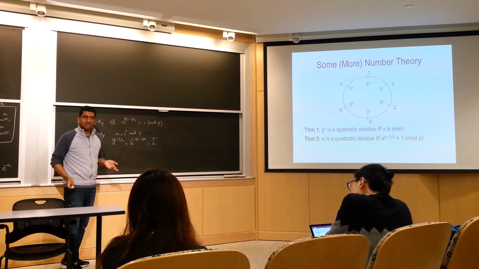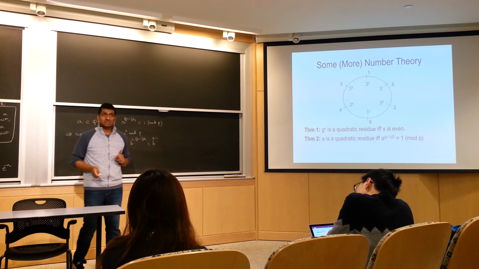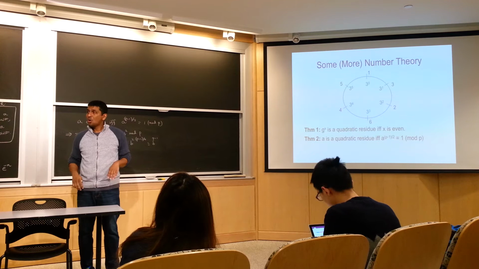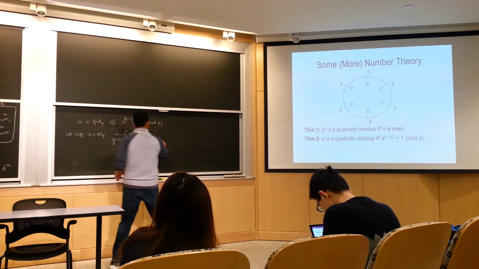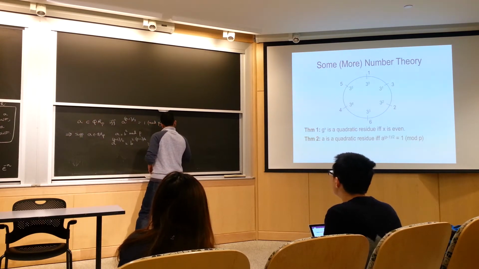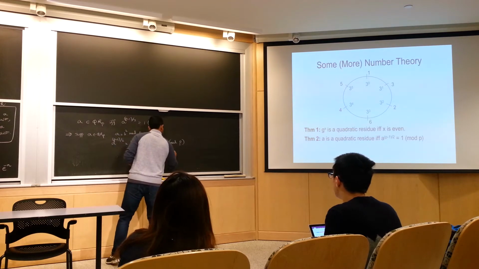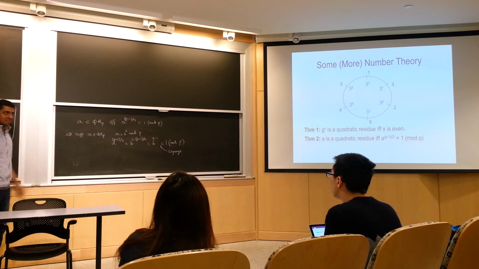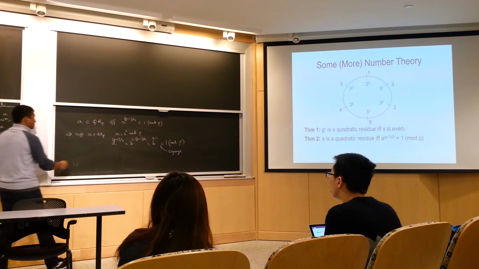And what is b to the p minus 1 mod p? It's 1. That's what Lagrange's theorem says. You take any number to the power of the order of the group, you get 1. Lagrange, Fermat, all these things are the same thing.